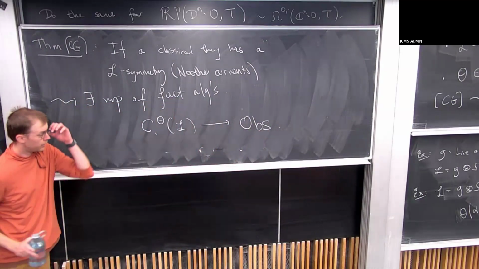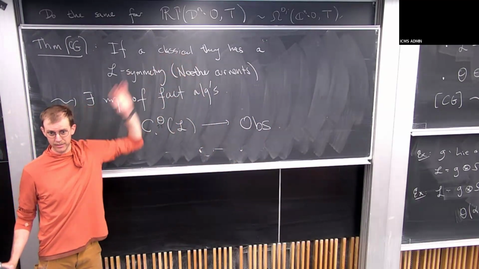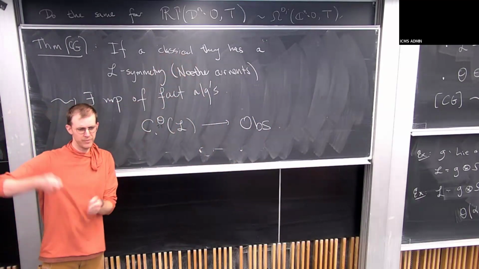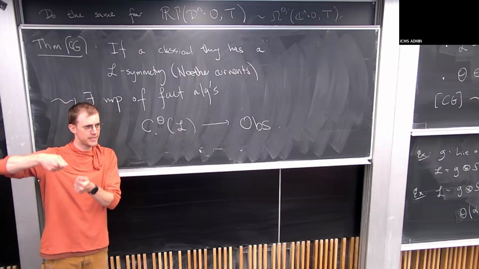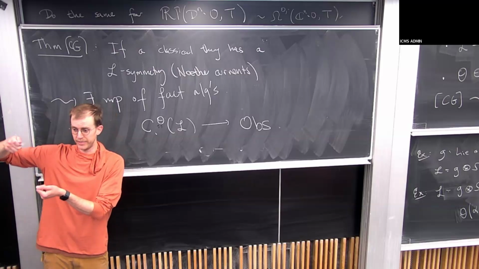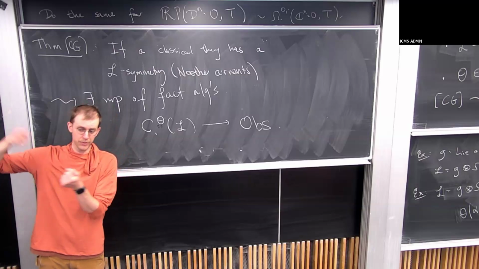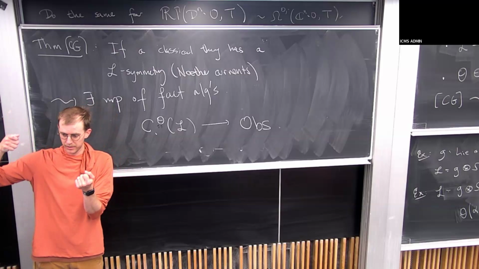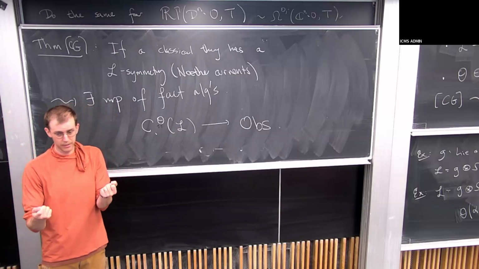So theta is the anomaly class for this symmetry. Here I'm assuming that I have a classical L symmetry. I'm not saying that I can quantize the symmetry, but what theta is telling you is how projective the symmetry is at the quantum level. So theta is like this anomaly to being a full symmetry. It's just a projective symmetry. It's something you compute from the classical theory, but it's a quantum effect.